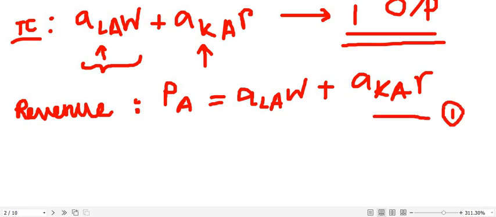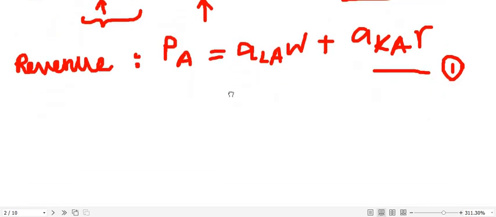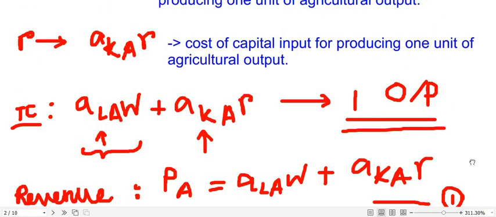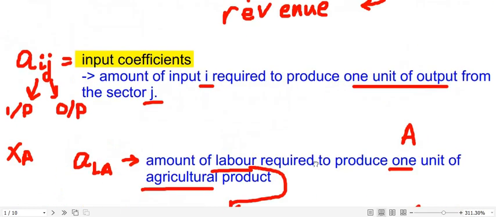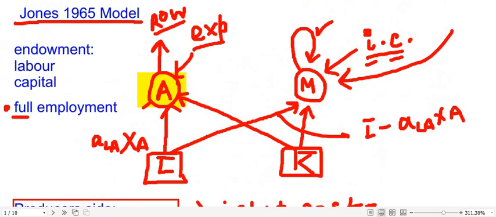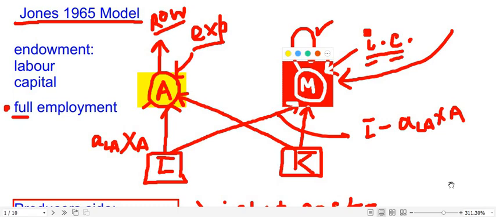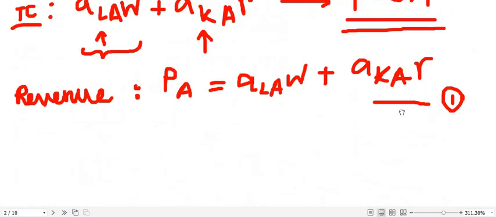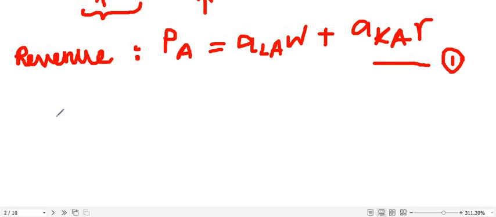A small homework that you can try, I will be explaining it in the next video. Can you find out, for the manufacturing sector, which is this sector, let me just highlight it, you will find an equation like this. If you go by the same notations and the same logic, can you try to find PM, that is the price of the manufacturing sector, which will again be exogenously given.